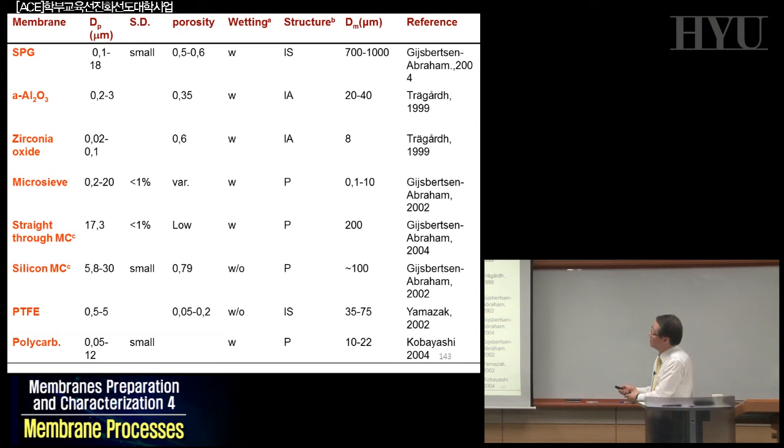SPG is called the glass membrane. This is a Shirasu porous glass membrane. It's named from Japanese, the S means Shirasu, porous glass membrane, with a porosity of about 50% or 60%, ranging up to about 80%.